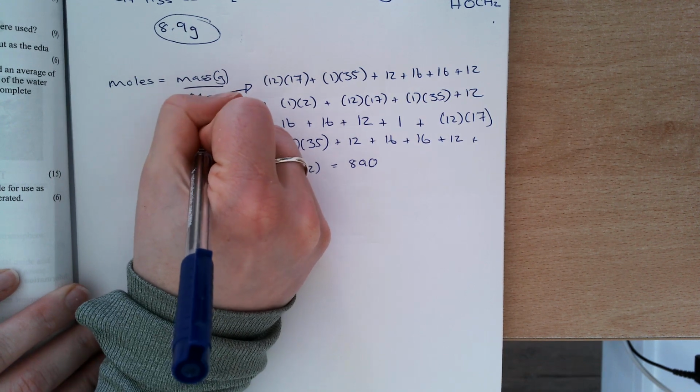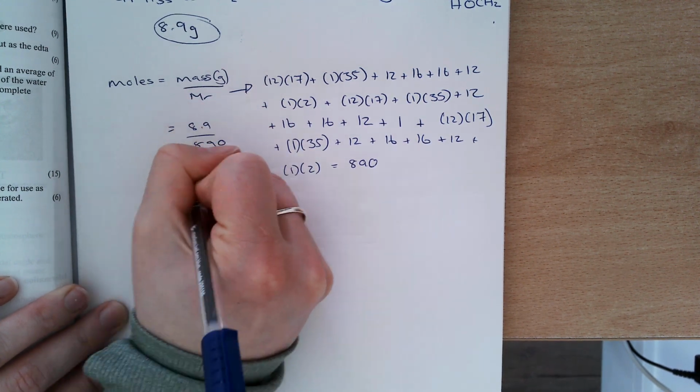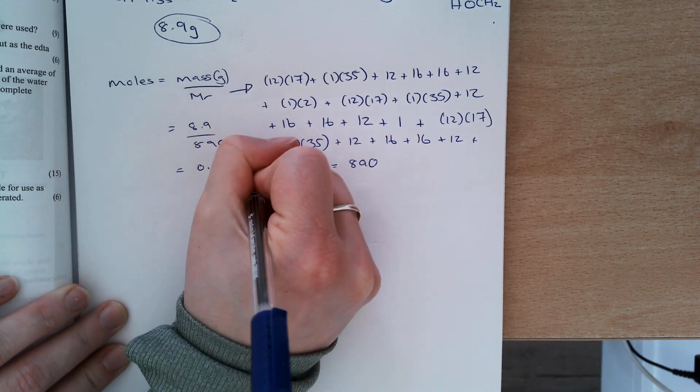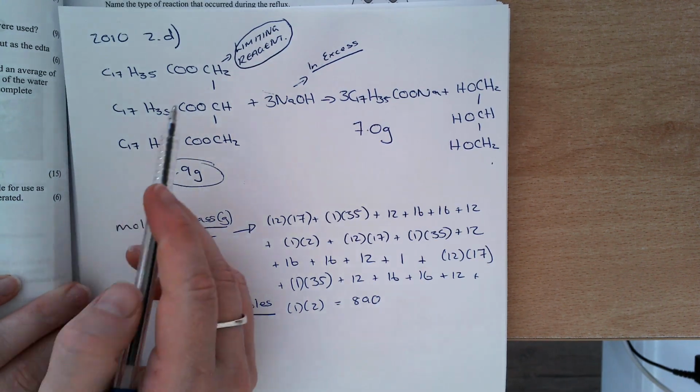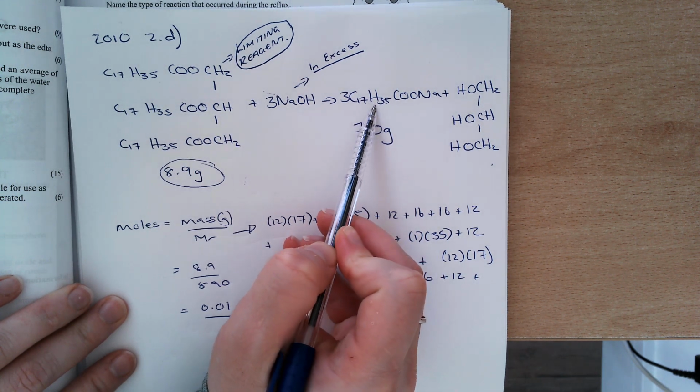So I have 8.9 divided by 890, and that gives me 0.01 moles. Now, that is my limiting reagent, so that is going to determine the amount of product that's formed.